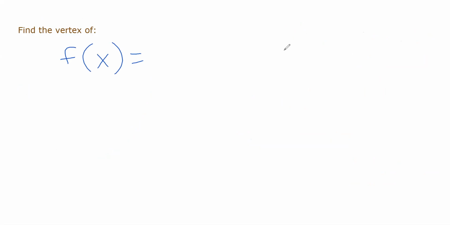How about, let me think of something interesting. All right, so we've got 18x plus 7 minus 3x squared.